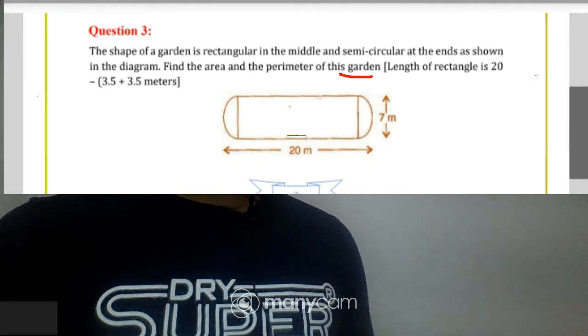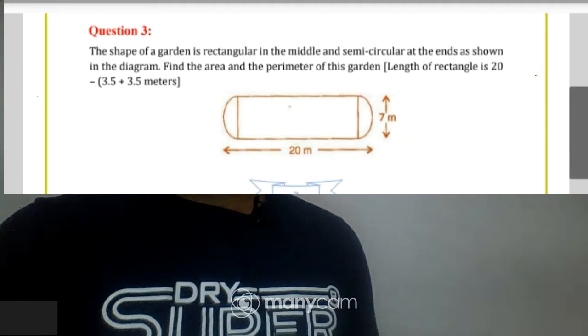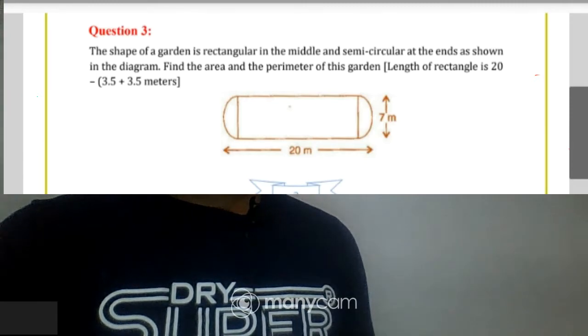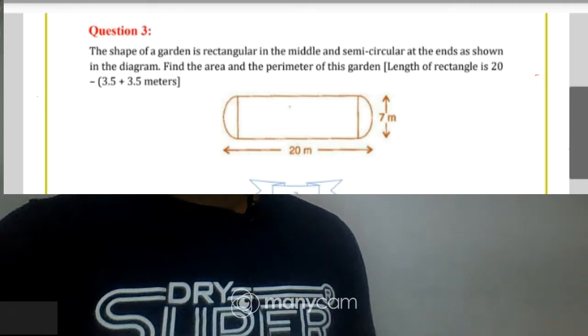So you find the perimeter of the garden and the area of the garden.